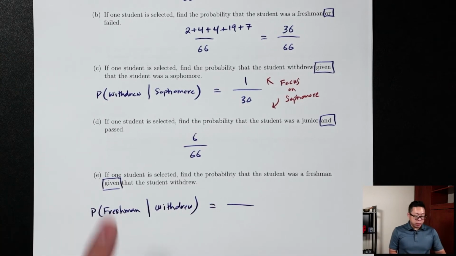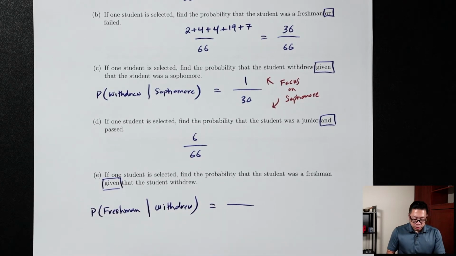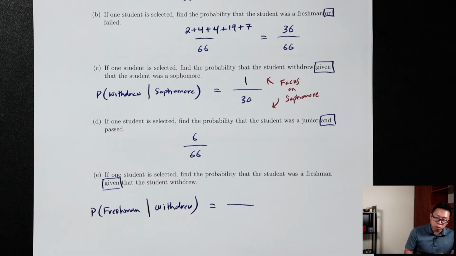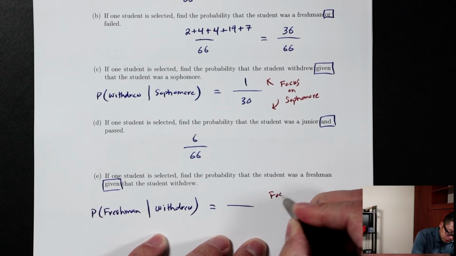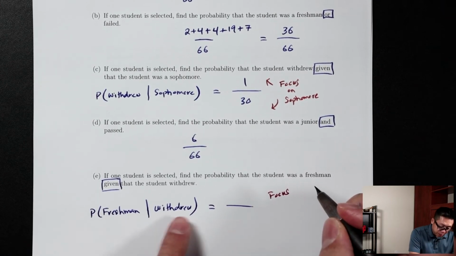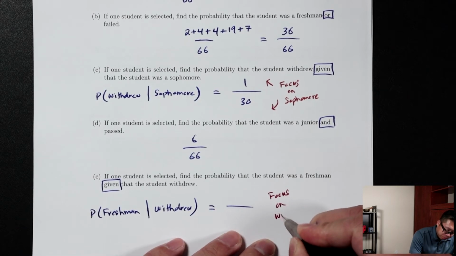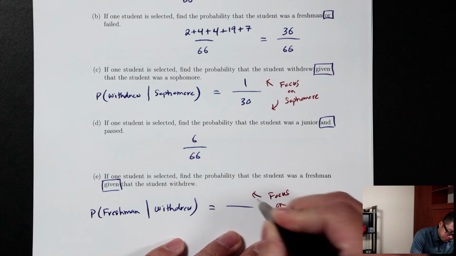Okay, so anytime you see the word given, it's telling you to focus on just a smaller part of the table, so the bottom is not going to be the total of everybody. Here, we're going to focus on the second part, which is just the students who withdrew, for the top and the bottom.